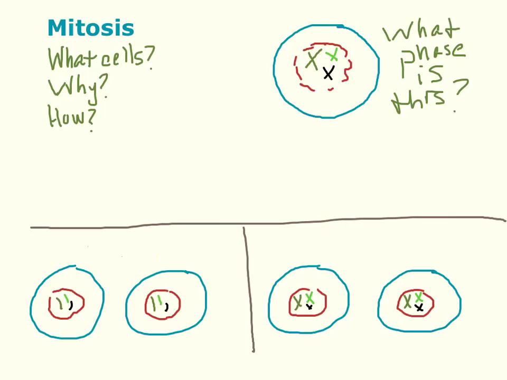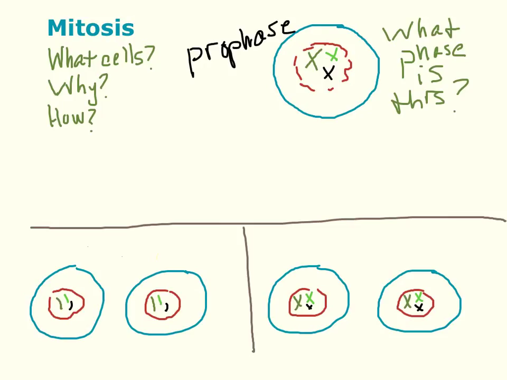For one, you might be able to tell that my poorly drawn nucleus is breaking down, and you should be able to also tell that these chromosomes are duplicated. What would these chromosomes look like unduplicated? So if you guess that this is prophase, that's correct. So let me just write that down here so that you know. Okay, it's prophase.